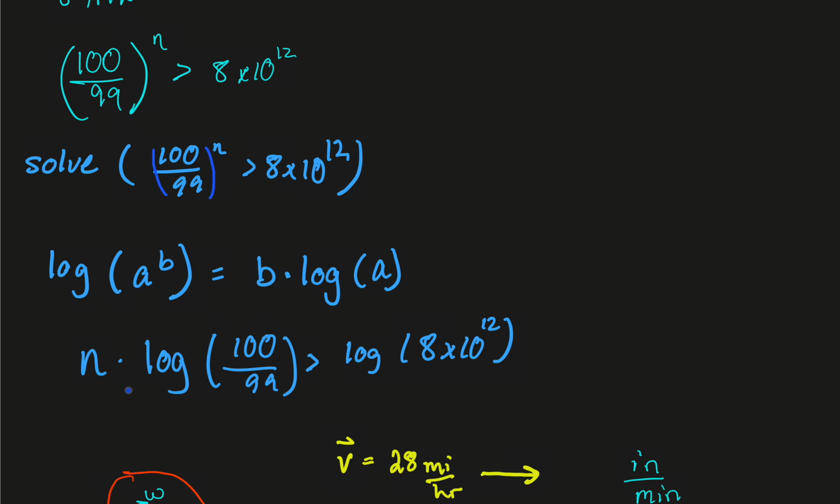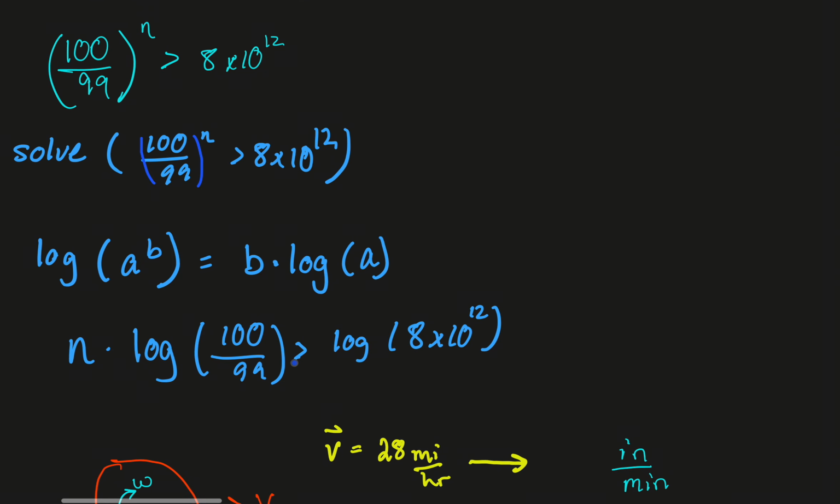So in this case, n is the exponent, and when we apply that trick, we get n times log of 100 over 99, greater than, now remember, we've got to do it to the other side, log of 8 trillion. So in the calculator, 8 times 10 to the 12, push the log button, then log of 100 over 99, divide, get your n number, and then round up if there's a decimal portion, and there's your answer.